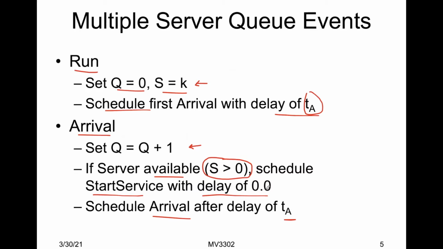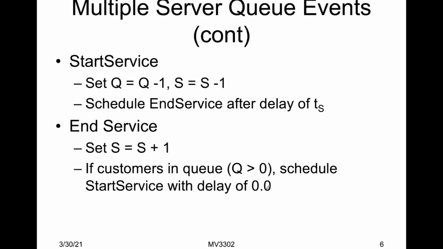Okay, but wait, there's more. What about that start service event? What is that going to do? What the start service event does is 2 things. First of all, we take somebody out of the queue, and then we take a server out of the available pool.